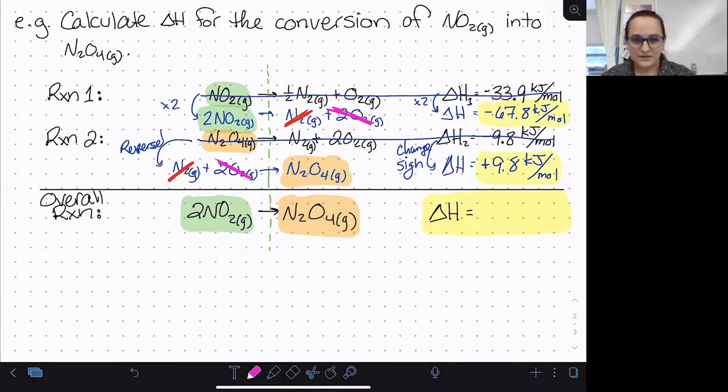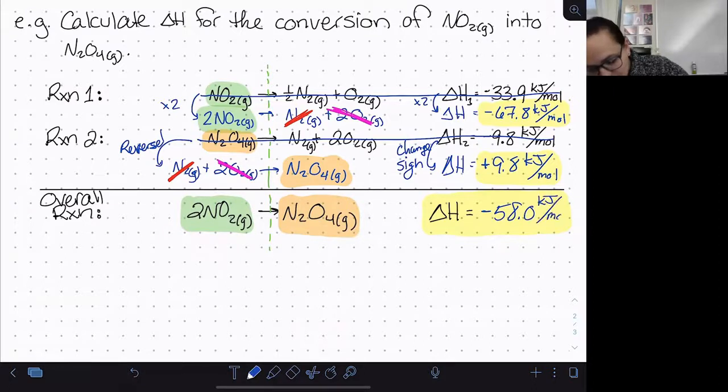We don't have anything extra, which means that as we have them now, reaction 1 plus reaction 2 equals our overall reaction, which means that our revised delta H for reaction 1 plus our revised delta H for reaction 2 gives us our overall delta H for this process, which comes out to -58 kilojoules per mole.